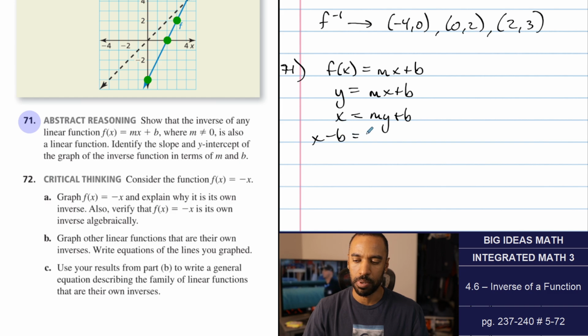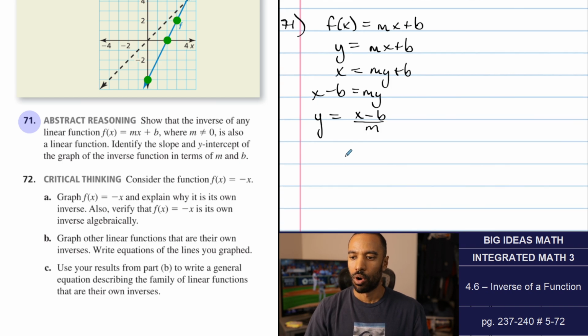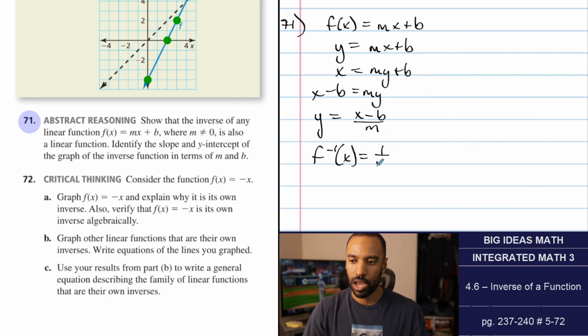You get x minus b equals m times y, and divide both sides by m. You get y equals (x minus b) all over m. Or if you want to write it as the inverse of f equals 1 over m times x minus b over m. I'd prefer writing it like that.